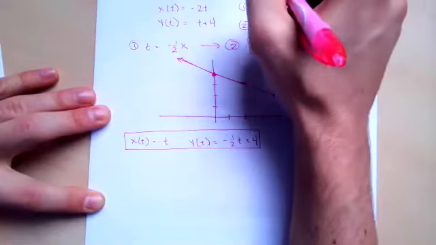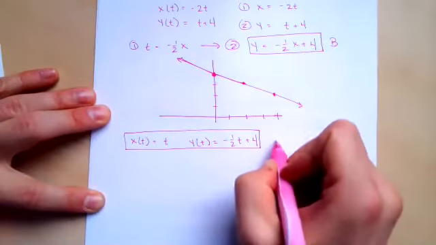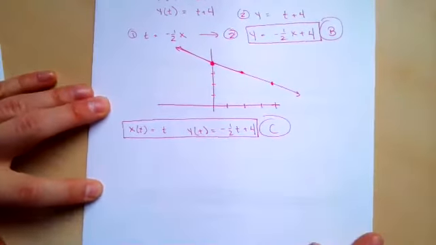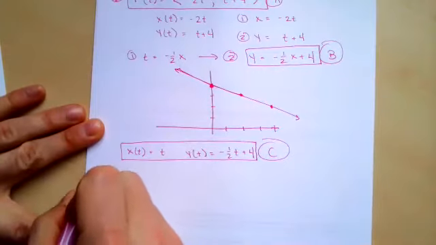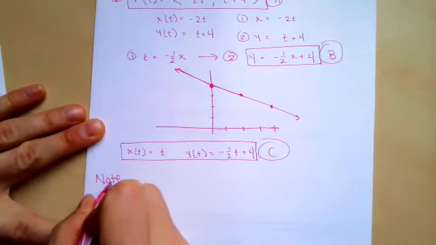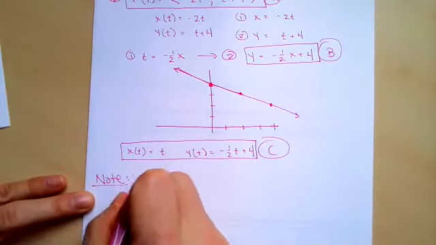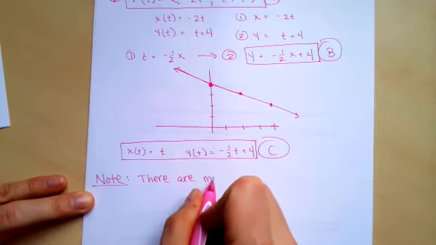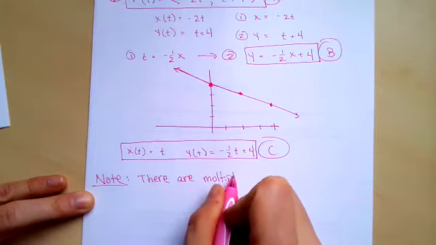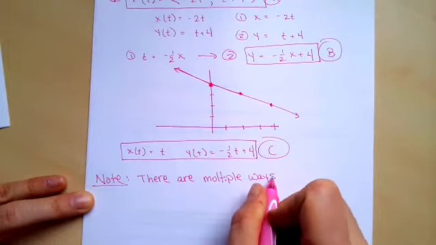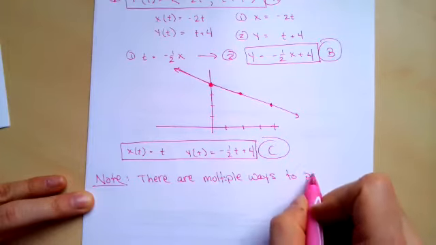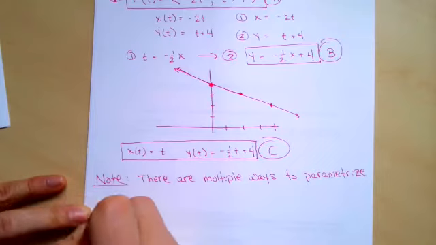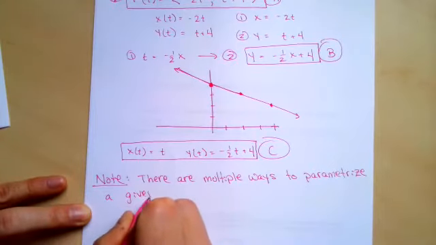Let's call this A, B, and C. So our big note, our observation, is that there are multiple ways to parametrize a given curve.